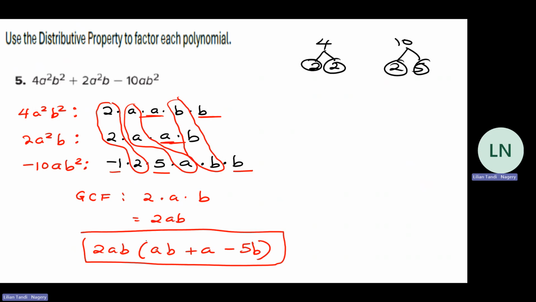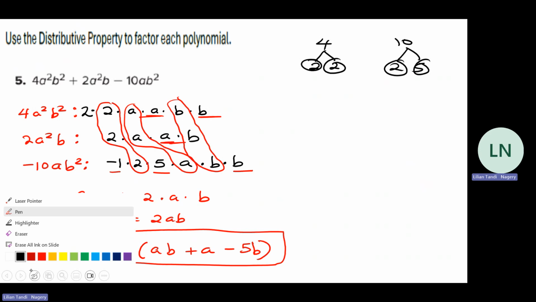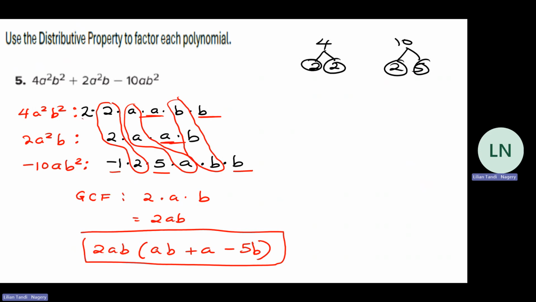Now check your work. No, we are not correct because I am missing a 2 over there. You see, me checking my work shows me I am missing something. So I did not use this. So this comes here. Now, 2 times 2, 4. a times a squared. b times b squared.